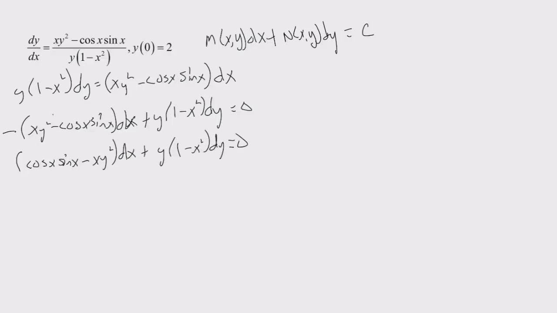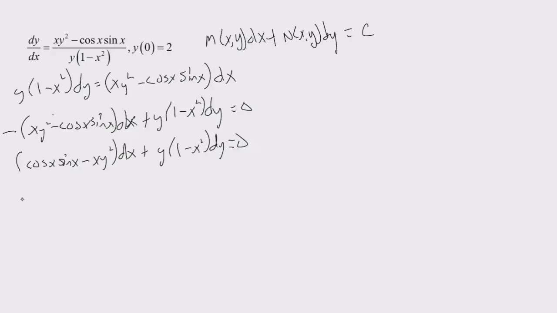Okay, so now I've got it in the form that I can test to see if I can figure out what M and N are, and then even test to see if it's still an equation that I can solve using this current method.